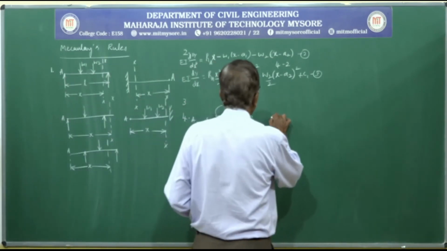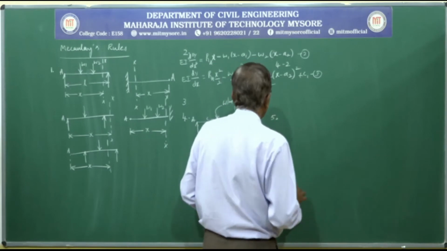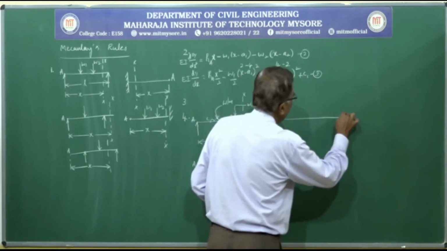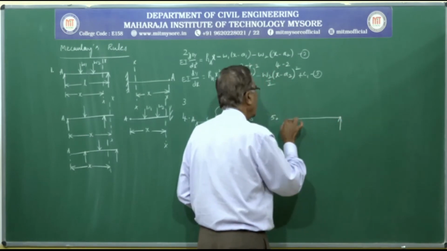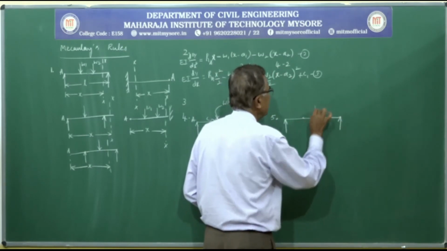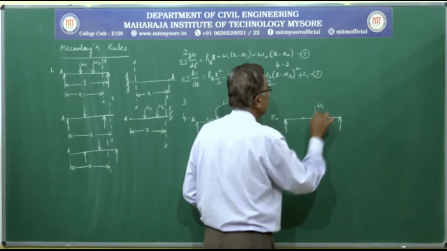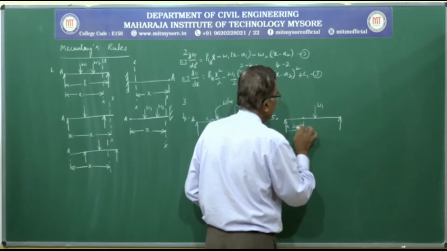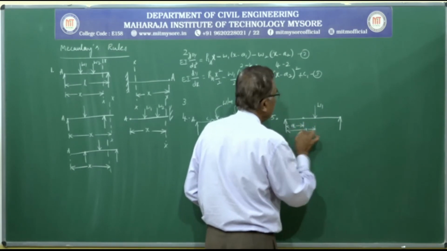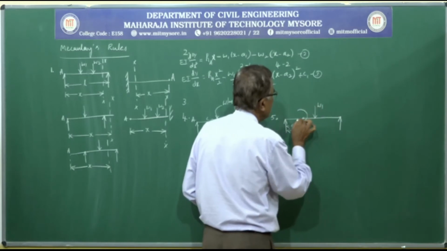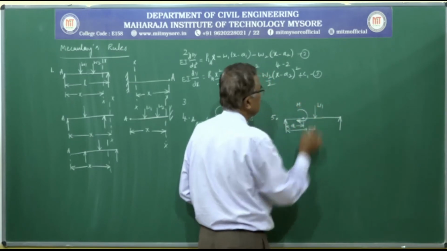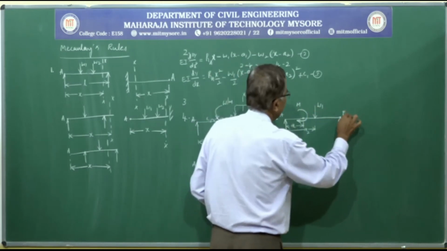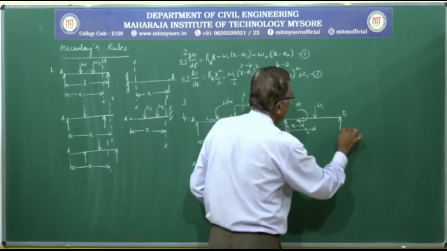Then the 5th rule of Macaulay is, say for example, again a simply supported beam like this, say this is 2 meter, this is say A1, A2, and the beam is subjected to a moment M, A, B. So this is RA, RB.